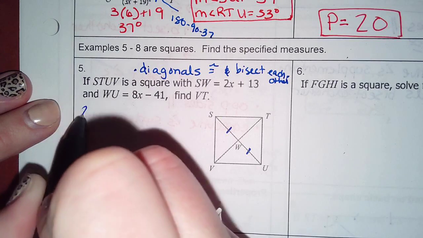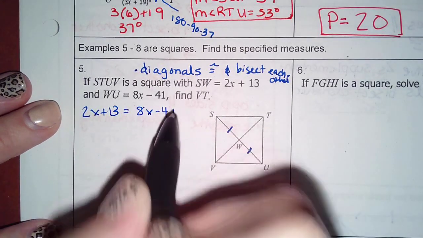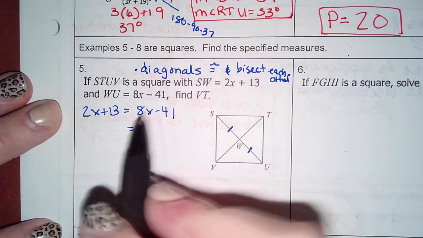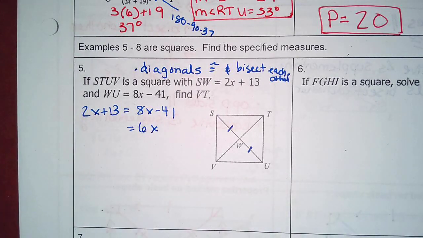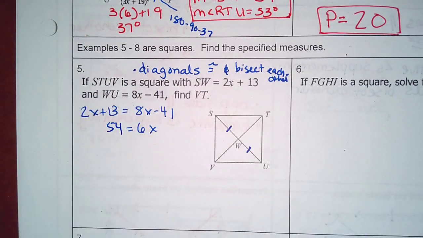So 2x plus 13 equals 8x minus 41. Combine my like terms. Subtract 2x, so 8 minus 2 is 6x. Add 41, 13 plus 41 is 54. Divide by 6, so x equals 9.